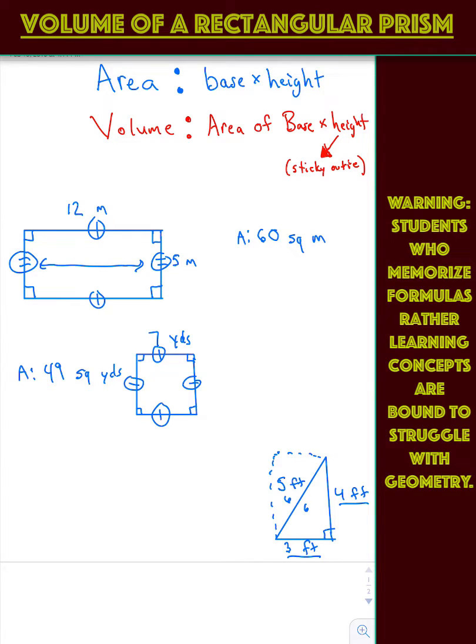And that leads to the formula: there are 2 triangles in a rectangle, so the formula must be base times height divided by 2, or half of the base times the height. Again, the base is 3, the height is 4, which makes the area 6, because 3 times 4 divided by 2 is 6 square feet.